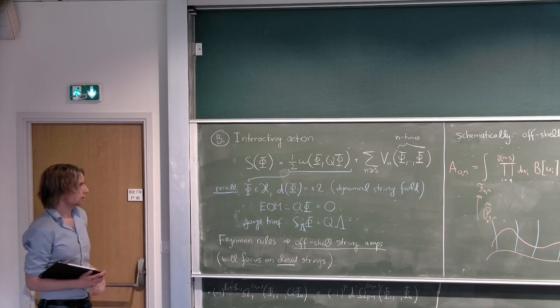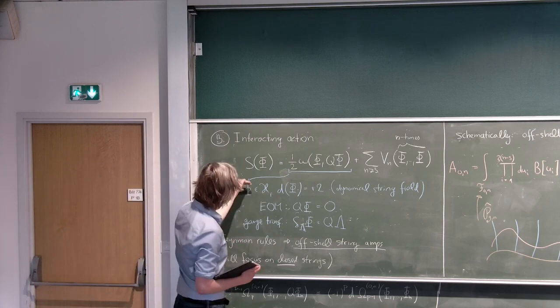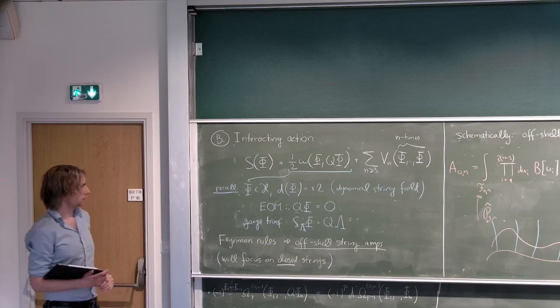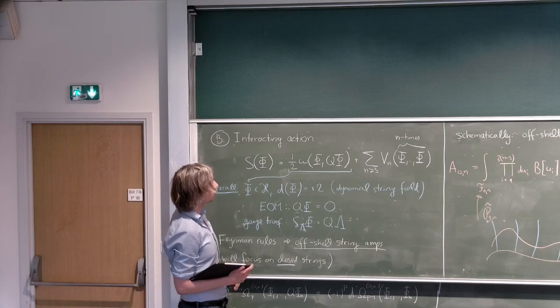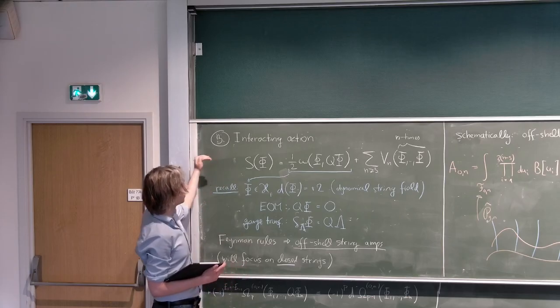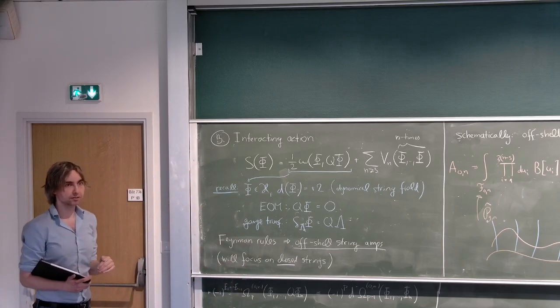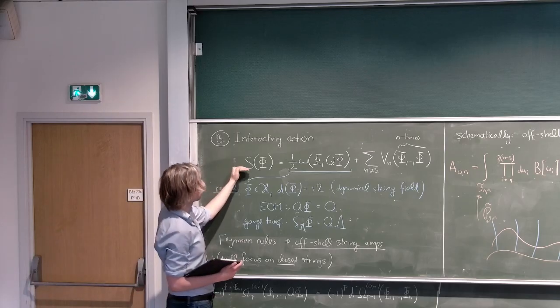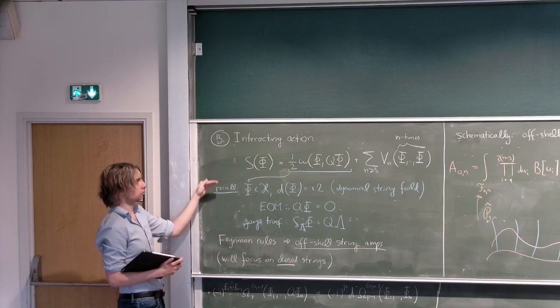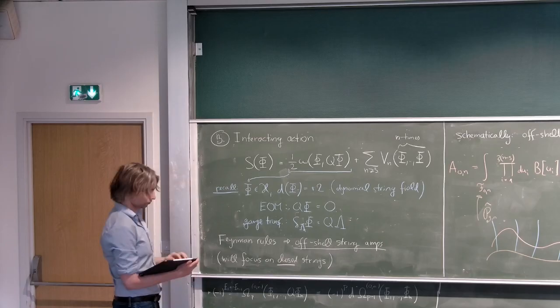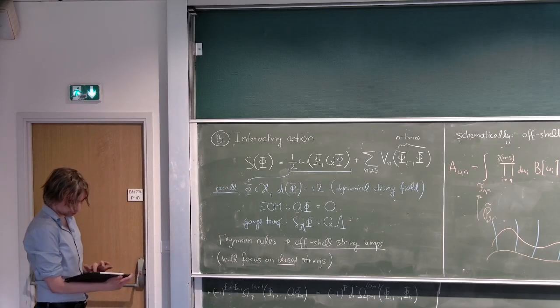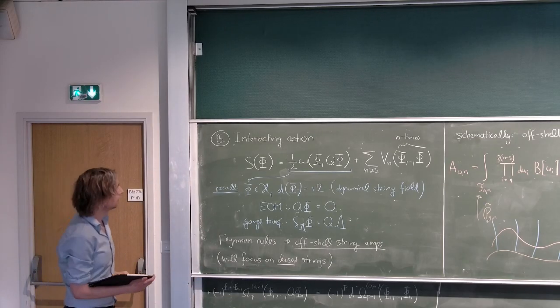So that is the dynamical string field, just a generic element in the string field space. Then we will see that in the language of SFT, different backgrounds can be seen as classical solutions of equations of motion derived from this action.